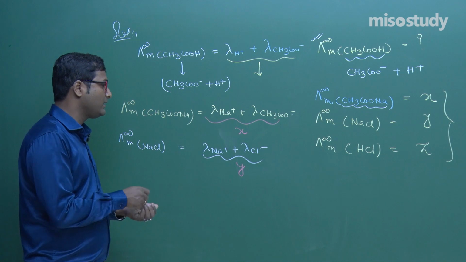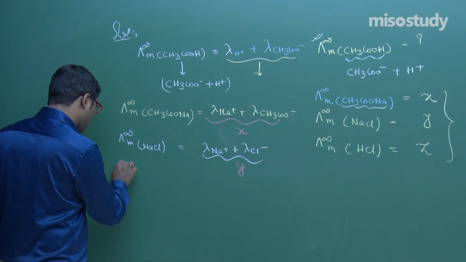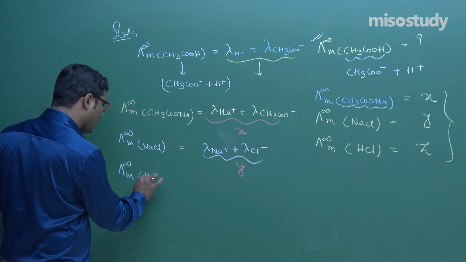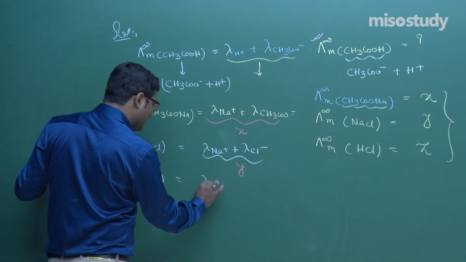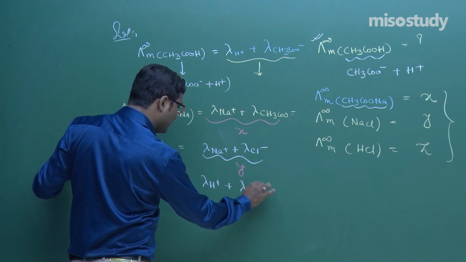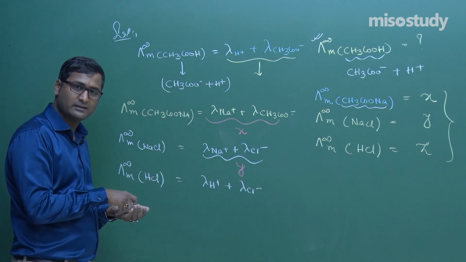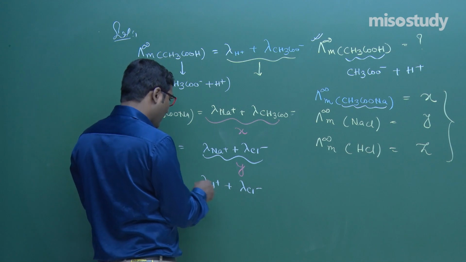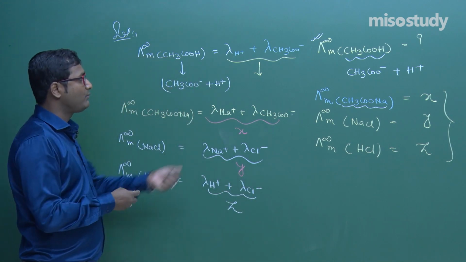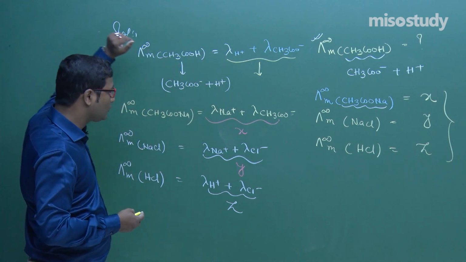Now the next one is molar conductivity at infinite dilution of HCl, that is the ionic conductivity of H plus and ionic conductivity of Cl minus. Now in this case its value is given here Z. Now we have to reach here. Now how to reach here?